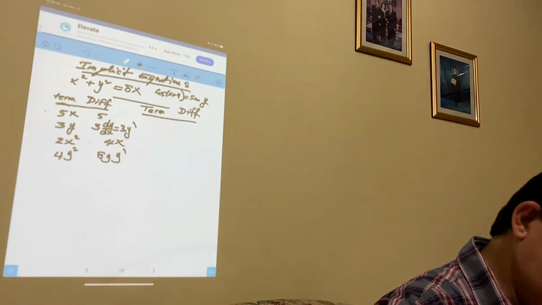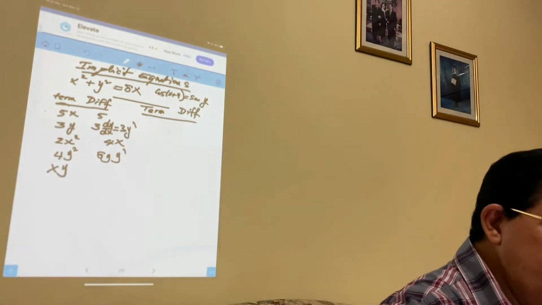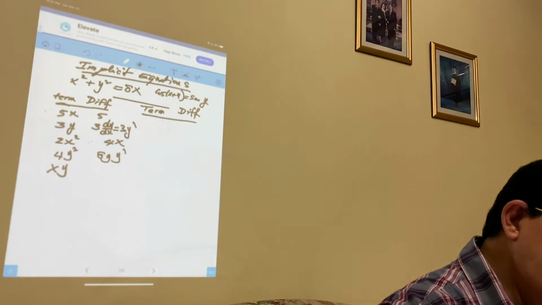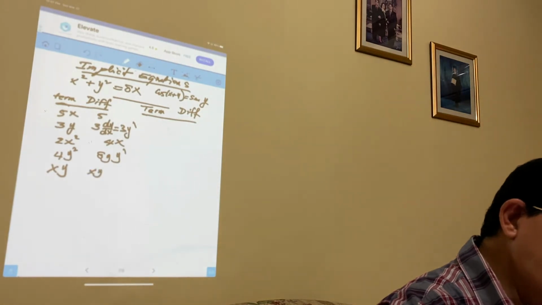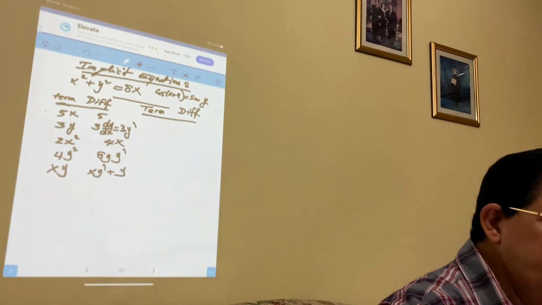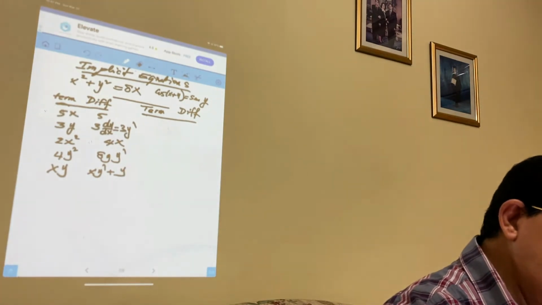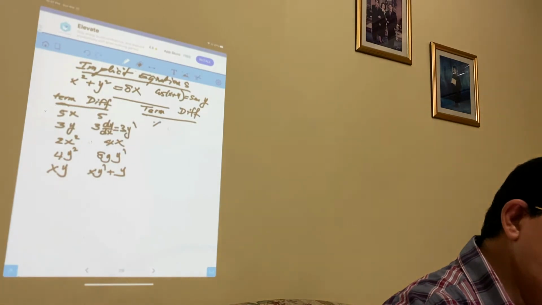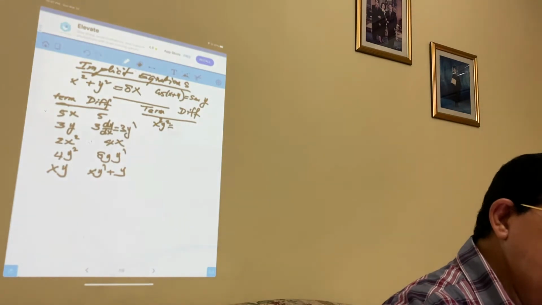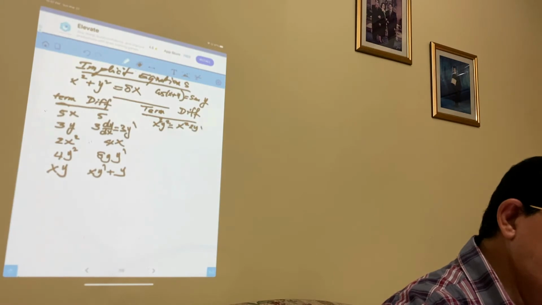If we differentiate xy, this is a product rule. We leave the x and differentiate the y, giving y dash, then we write: differentiate the first, which is 1, times the second, which is y. The same thing if I ask to differentiate x squared y squared. We leave x squared and differentiate the y squared, which is 2y y dash.